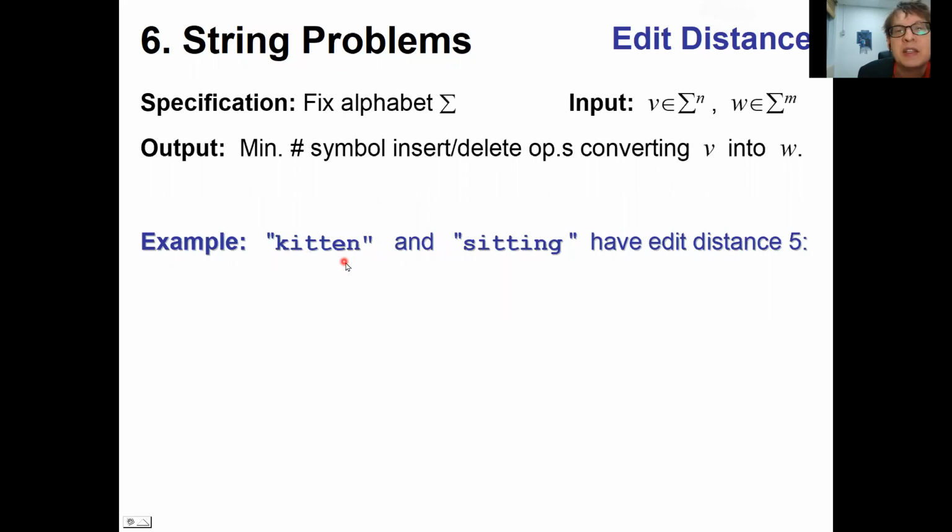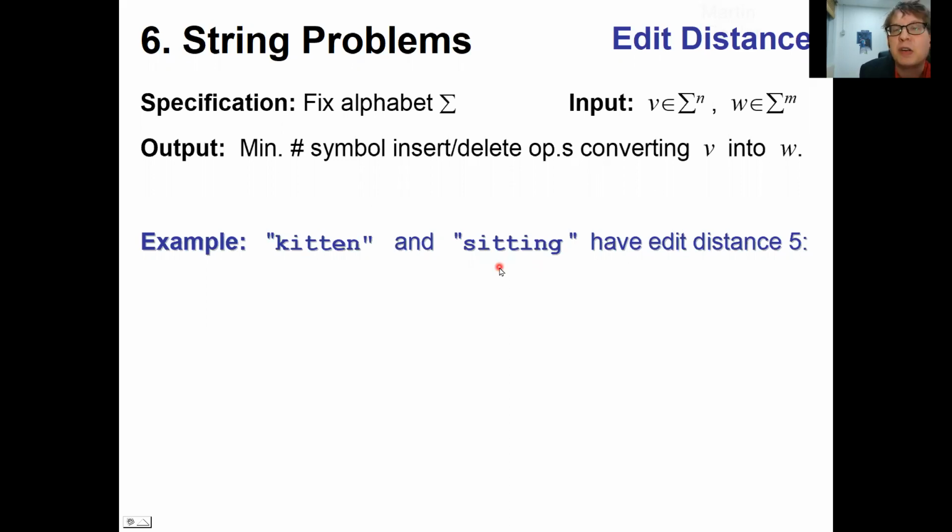And deleting the entire string thus costs 6 operations. And then we can gradually insert the characters from the new string, sitting, which has length 7. So gradually inserting S, I, T, T, I, N, G costs 7 insert operations, resulting in a total of 6 plus 7, 13 operations.